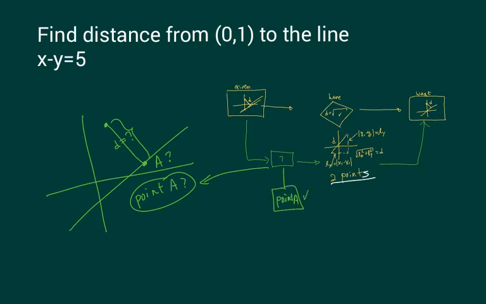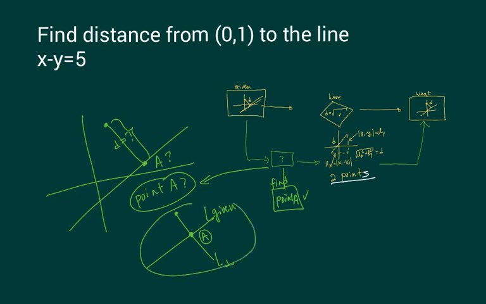The answer is yes, we can find point A, because if we draw 2 lines, this one is the given line, and this one is the line that's perpendicular to the given one. When the 2 lines intersect, that is our point A. So our task becomes to find point A. If we can find point A, then we're solving this problem.